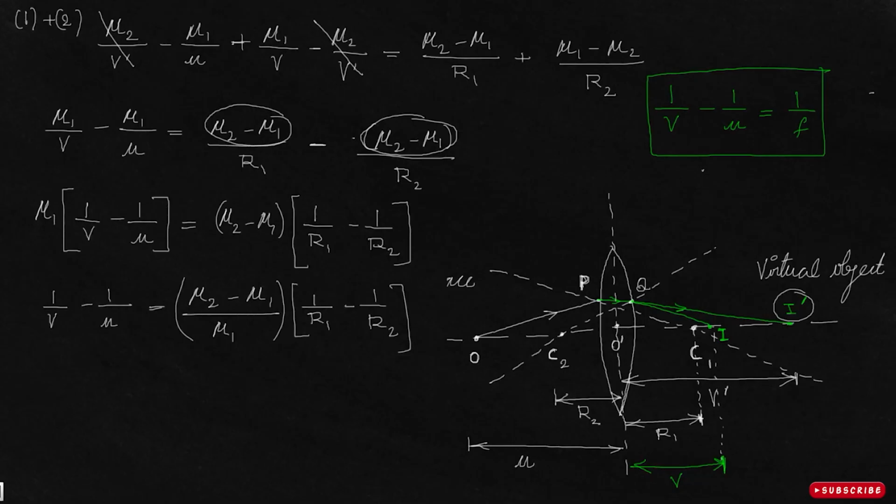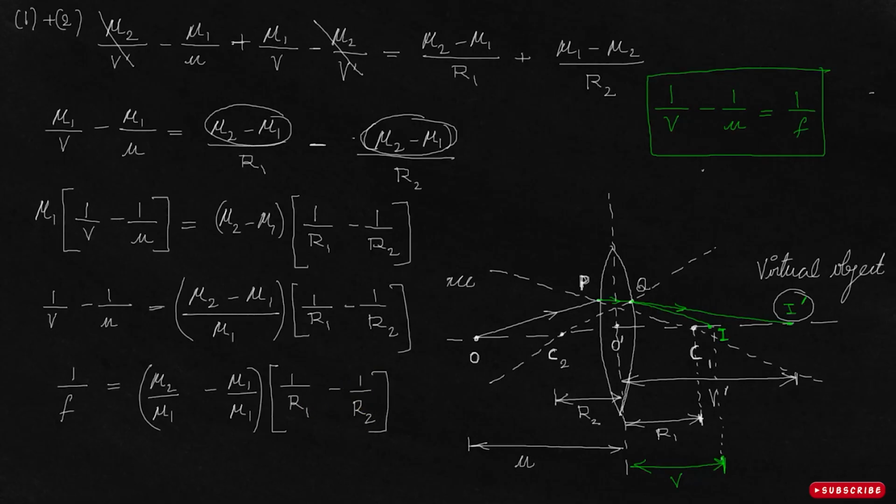So this part becomes 1 by F is equal to, I can divide each term by mu1. So mu2 by mu1 minus mu1 by mu1 into 1 by R1 minus 1 by R2.